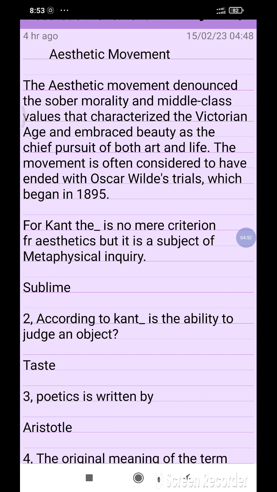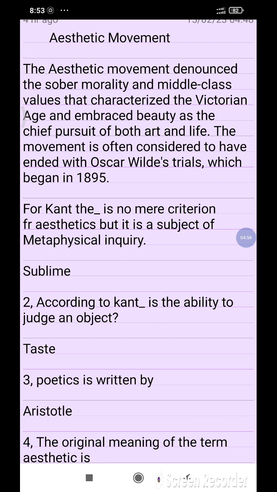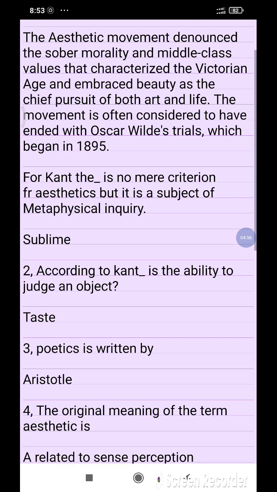So these are the most important points, and these are the most important questions while you are attempting MCQs, objective type questions. So you have to remember these kinds of questions I have discussed with you. For Kant, the sublime is no mere creation for the aesthetic, but it is the subject of metaphysical inquiry.